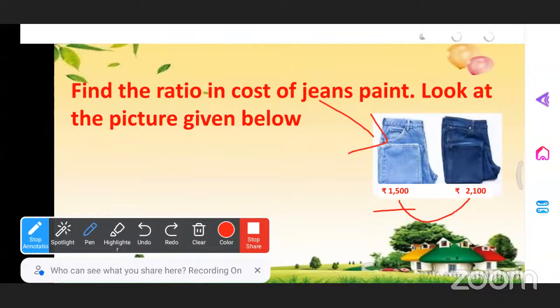Find the ratio in cost of jeans pant. Here, the jeans pants are given with two different costs. So, compare the two quantities. First one is 1500. We find the ratio, so that's why I write the ratio symbol.